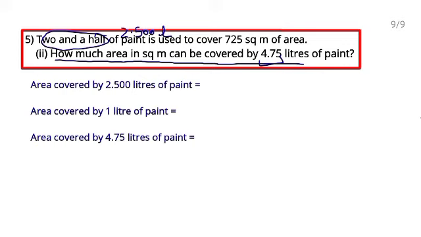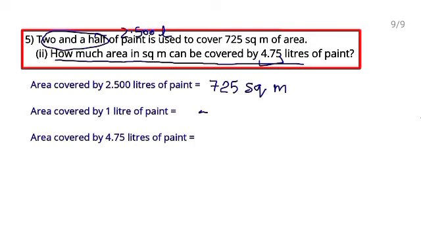So पहले from 2.500 liter paints, we will find the area covered in 1 liter paint. Clear? So right here, area covered by using 2.500 liter of paints, 725 square meters, which they have given in the question.